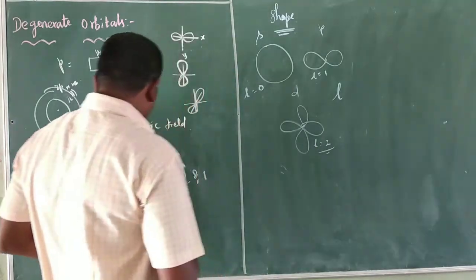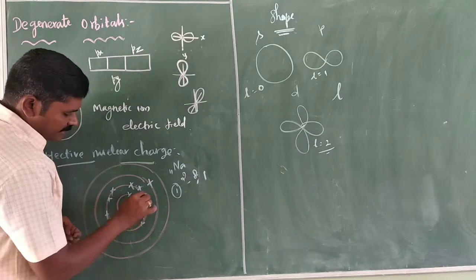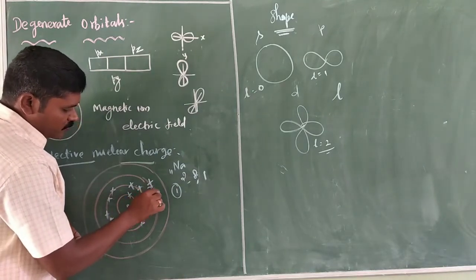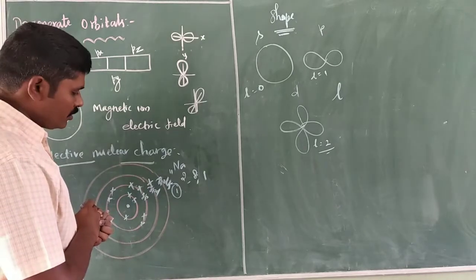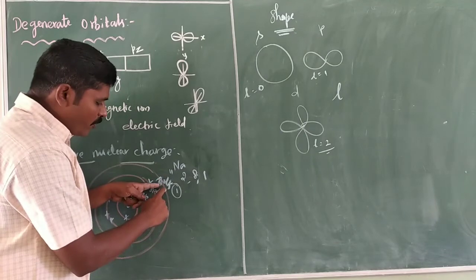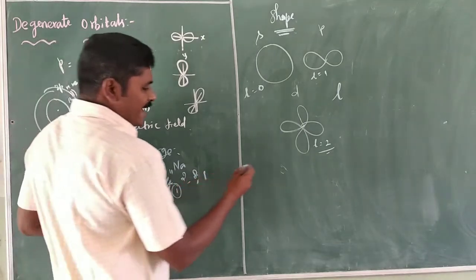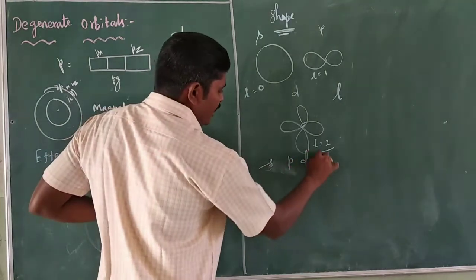In the same orbit, there are different orbitals: s, p, d and f.